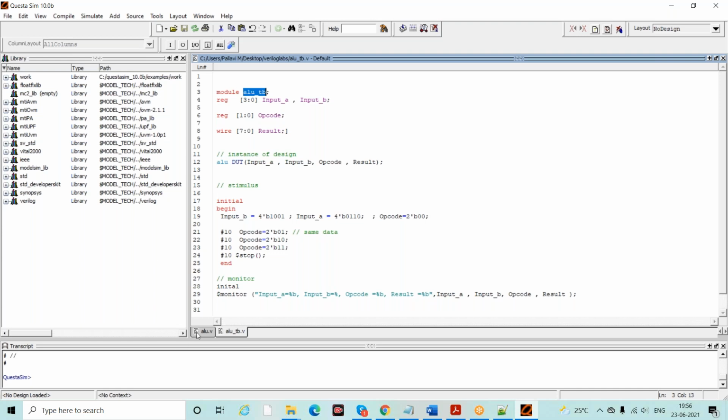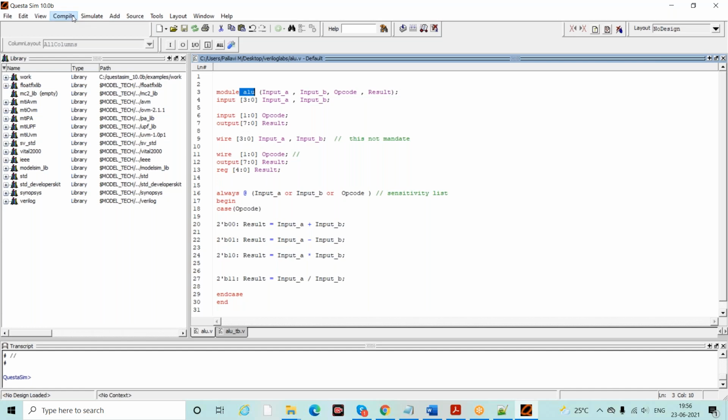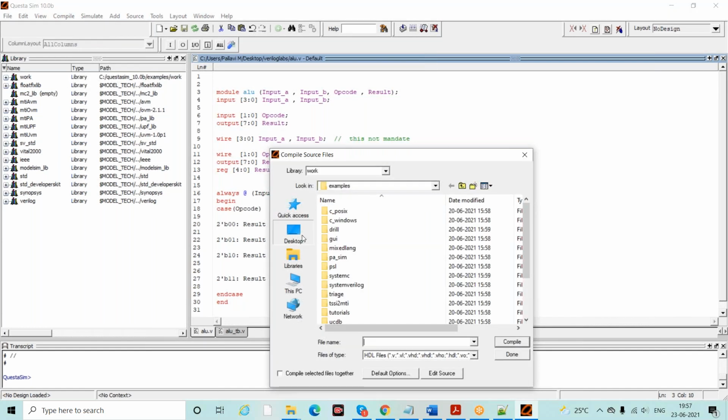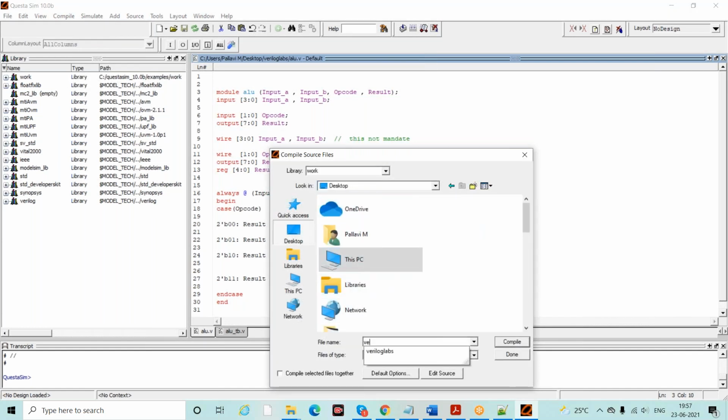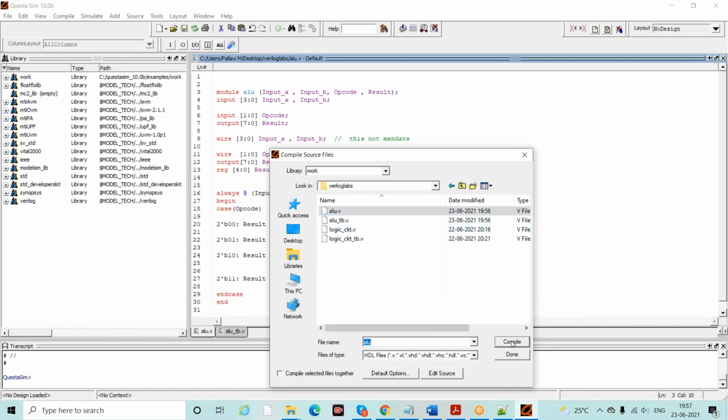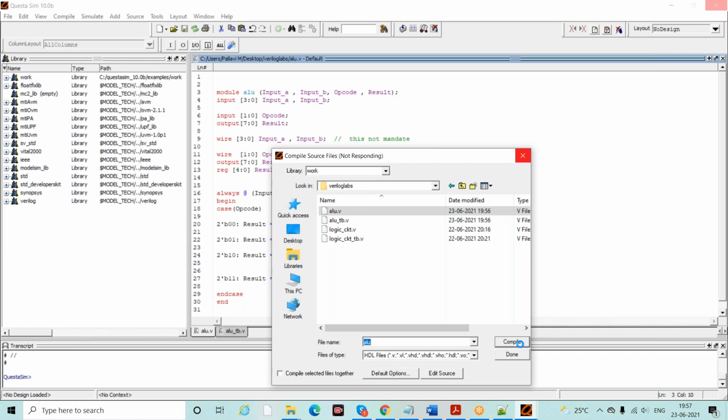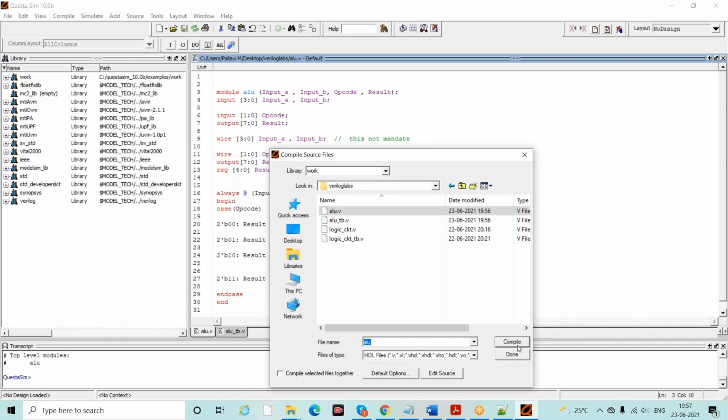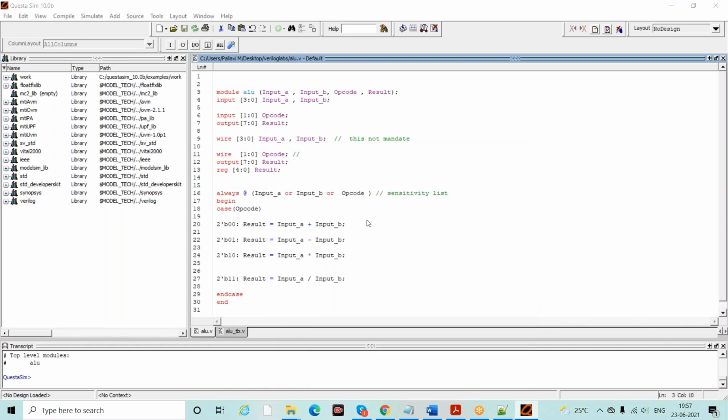Okay, now we can compile it. See, no errors. See how we can write the code without errors.